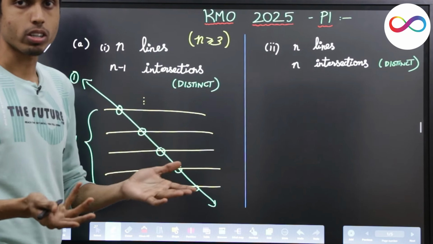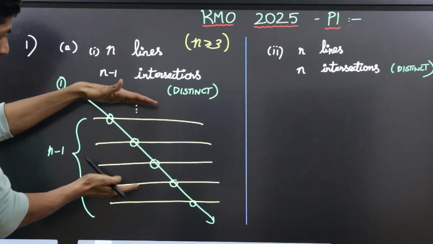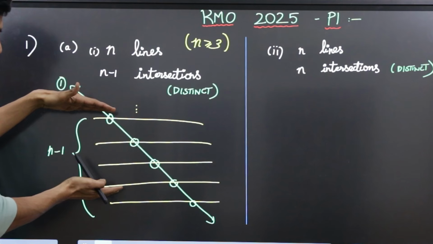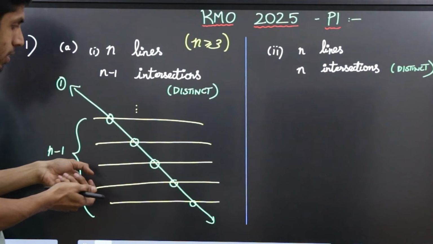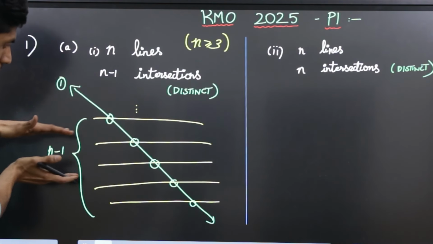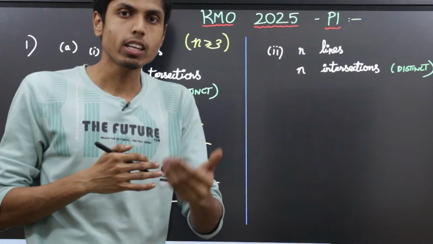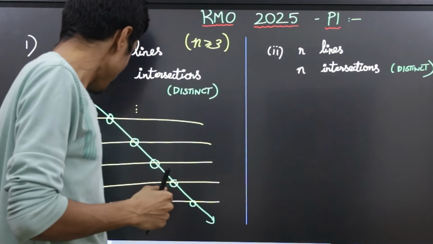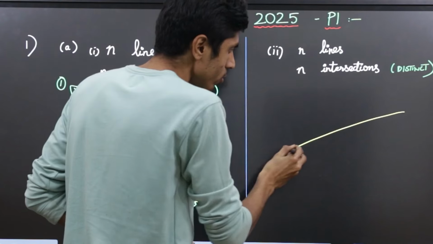Or if you're not with any ideas, we particularly assumed all these lines to be non-intersecting because they are mutually parallel. What if all of them converge to a particular point? Then they induce concurrent lines. Let's draw that.